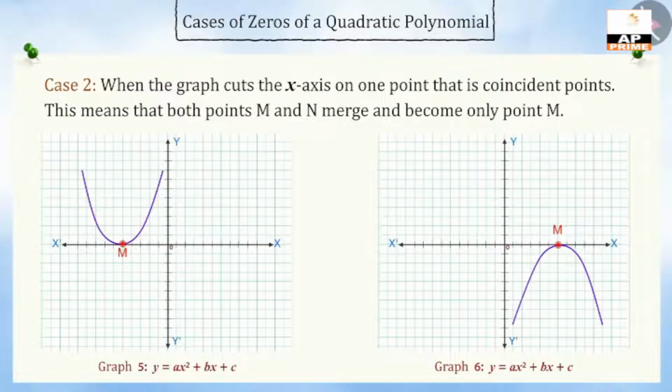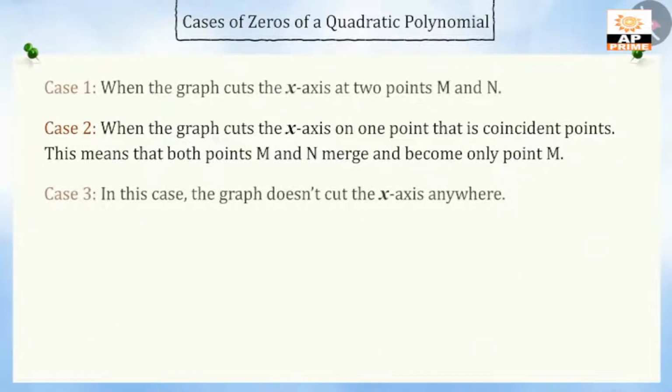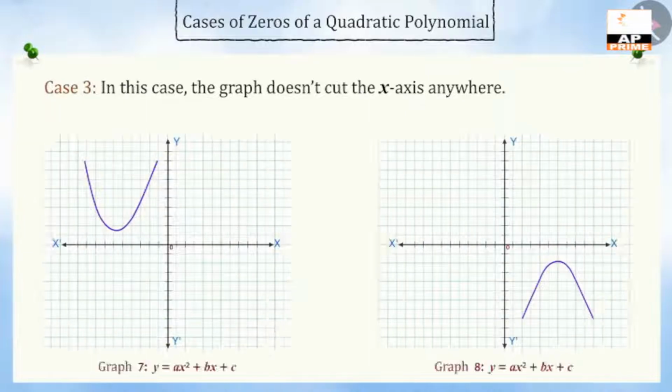This means that the x-coordinate of point m is the only zero of the quadratic polynomial ax square plus bx plus c. Case 3. In this case, the graph does not cut the x-axis anywhere. In this case, the quadratic polynomial ax square plus bx plus c will have no zeros.